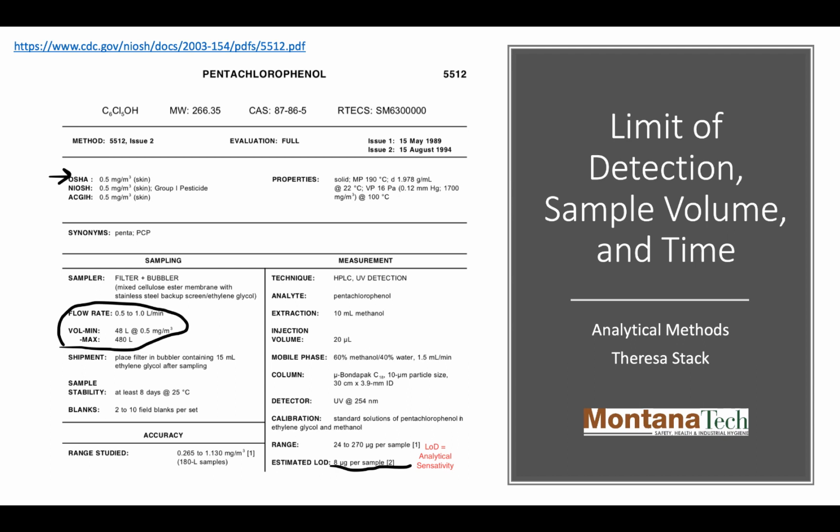Good afternoon. This learning unit will cover analytical methods, and it is a follow-on to the first lecture and takes a closer look at some methods which have limits of detection and how that feeds into your determination of the minimum and the maximum sample volume that you wish to take, which is determined by your sample time, and the selection of which flow rate best fits your sampling needs.